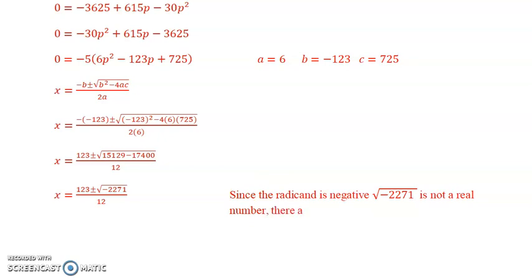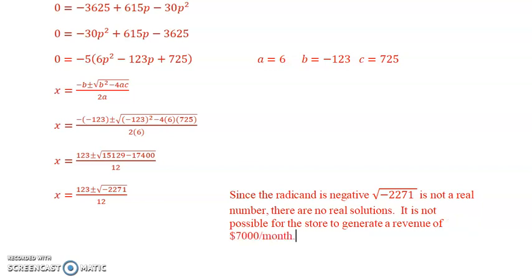But if that's the case, there are no real solutions. So essentially, it doesn't cross the x-axis. So if that's the case, it is not possible for the store to generate a revenue of $7,000 per month by increasing the rental rate.